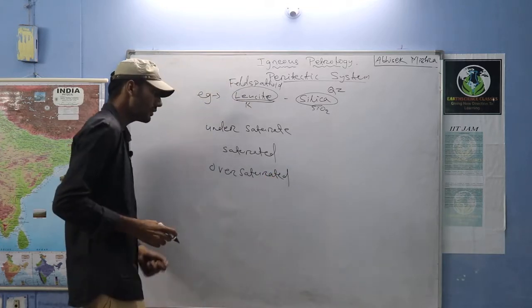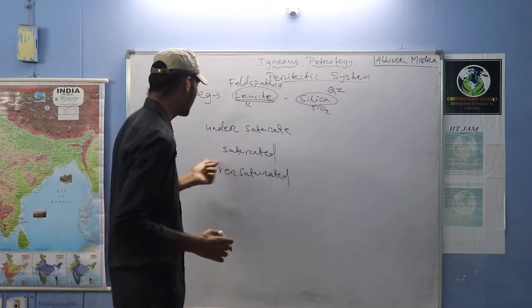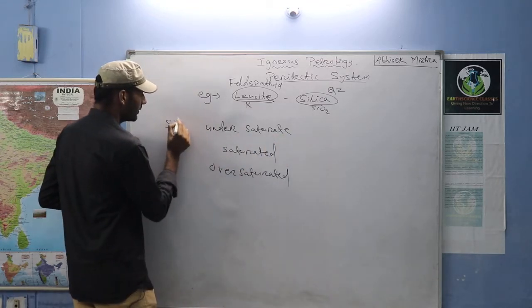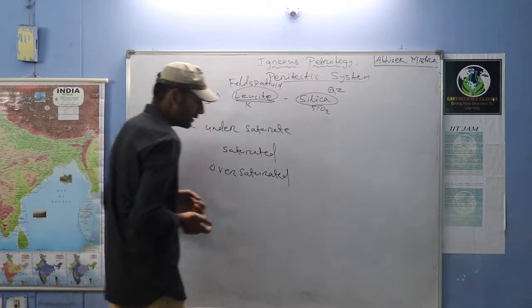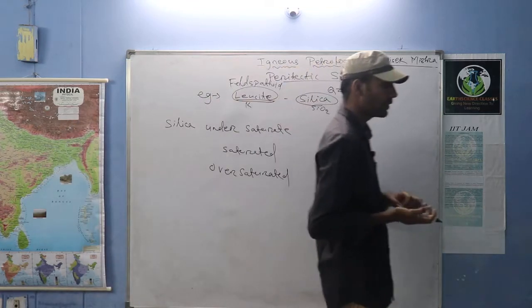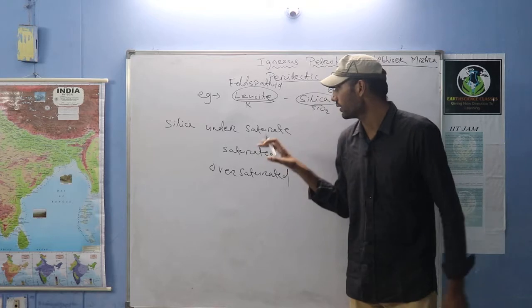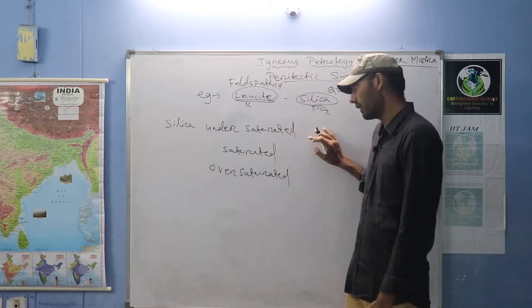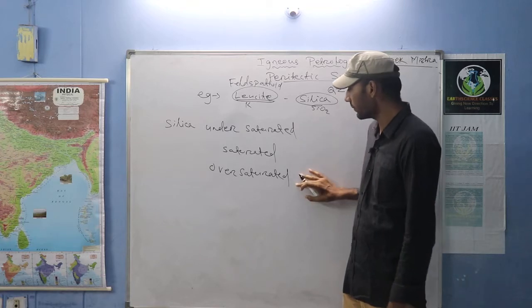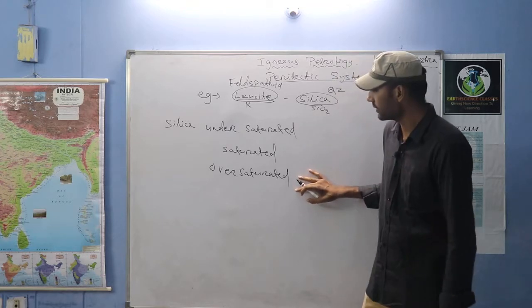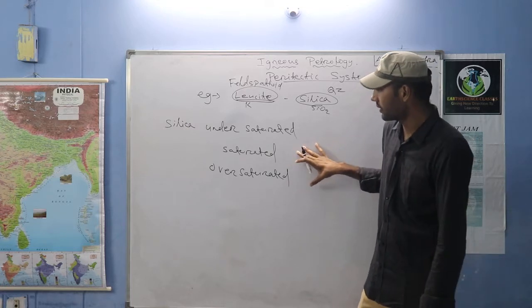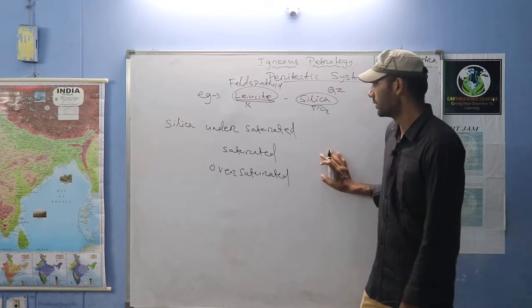In igneous rocks, we define undersaturated, saturated, oversaturated on the basis of silica. Undersaturated means minerals having lesser SiO2 percentage. Oversaturated means they have higher SiO2 percentage, pure SiO2, and saturated means intermediate between them.